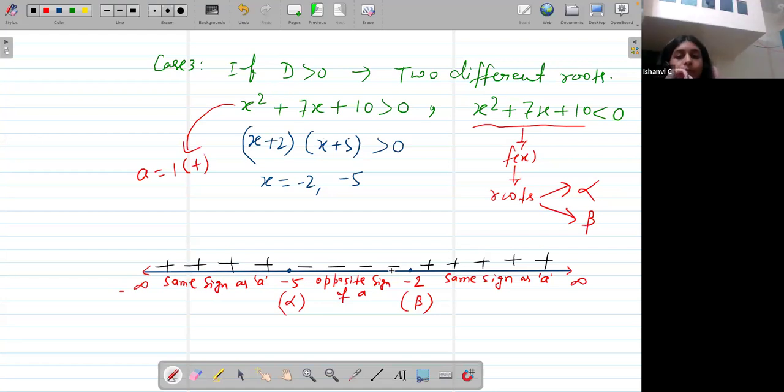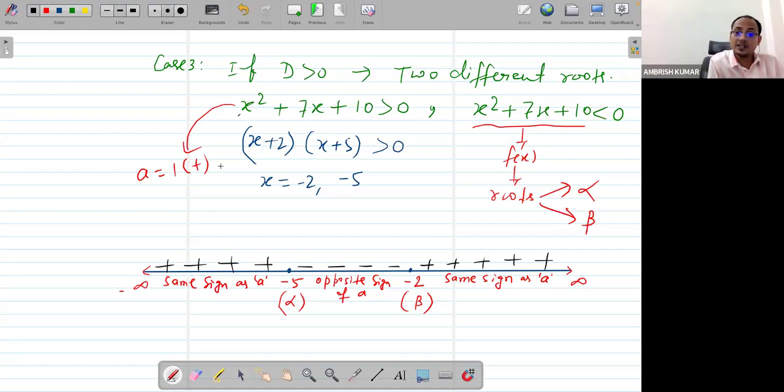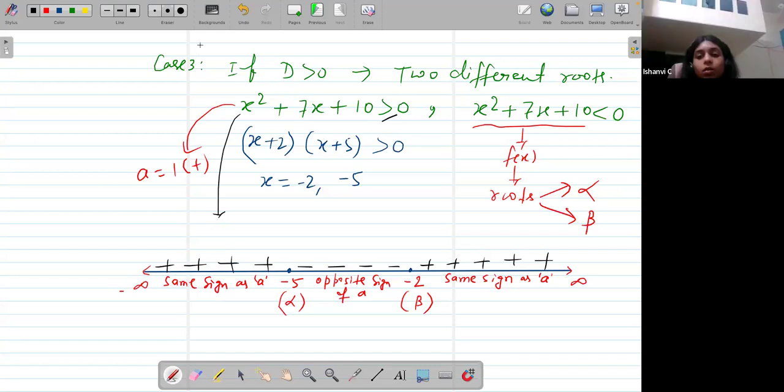We have to solve for the first part, that is greater than 0. And here we haven't taken the equality sign. If we take the equality sign, the end point has to be taken in closed interval. We don't have equality sign, so that has to be taken in open interval.